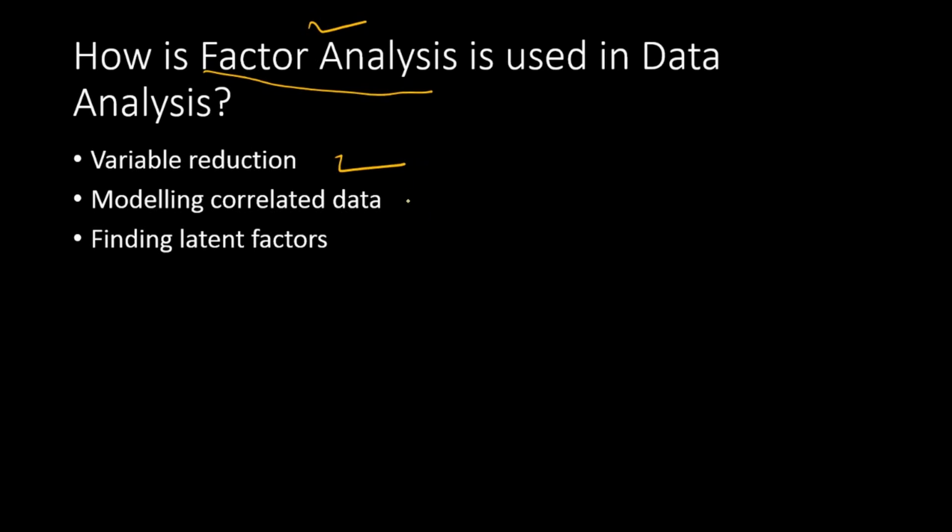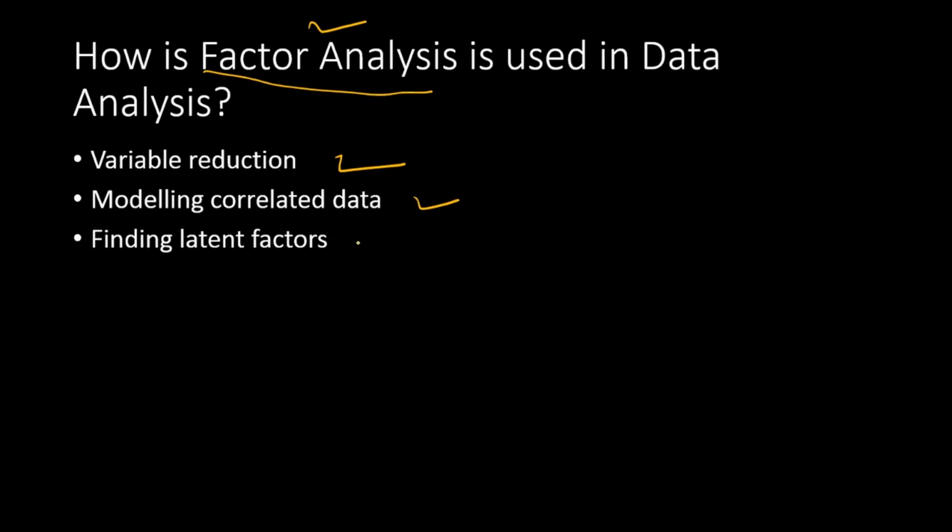The second use is when you have highly correlated data, like the variables you have are highly correlated. When you have highly correlated variables, you cannot build a good model. So to get rid of the highly correlated variables and to get down to a smaller number of uncorrelated variables, you can use factor analysis.